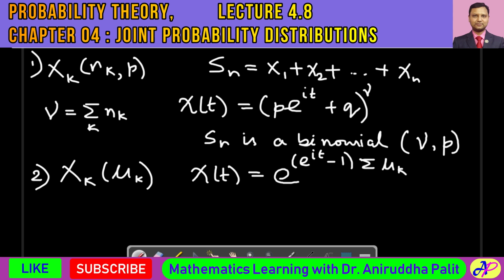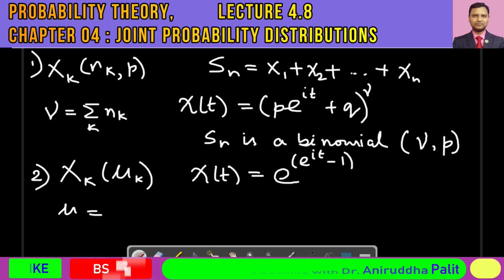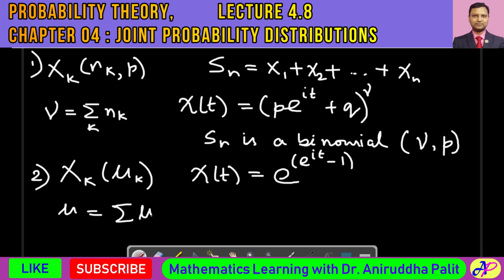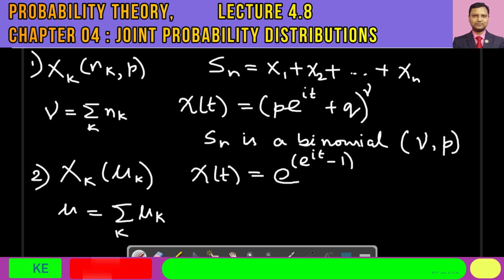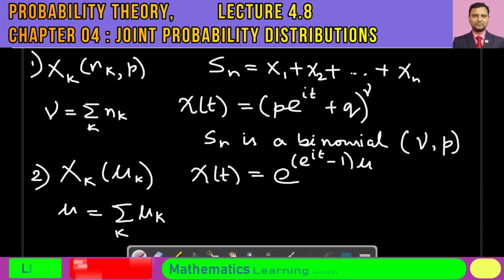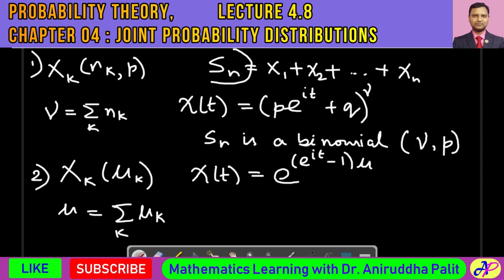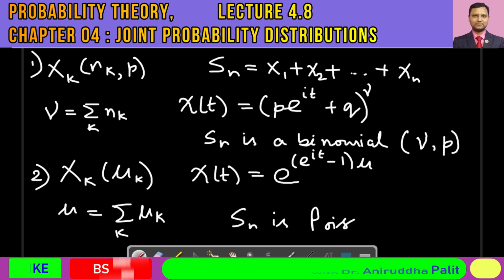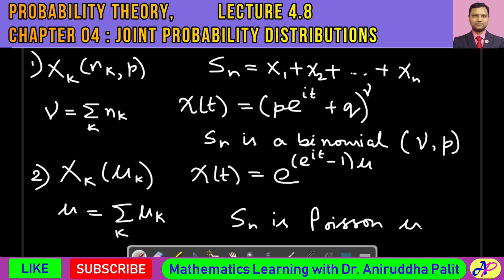If we represent this summation of mu k by mu, then we can conclude that Sn is a Poisson mu variate.